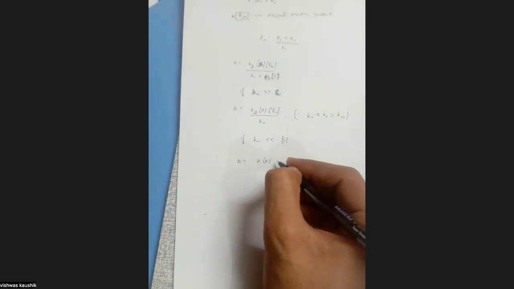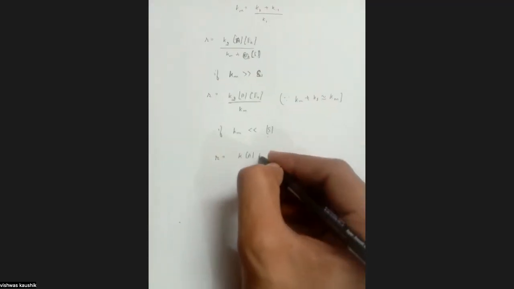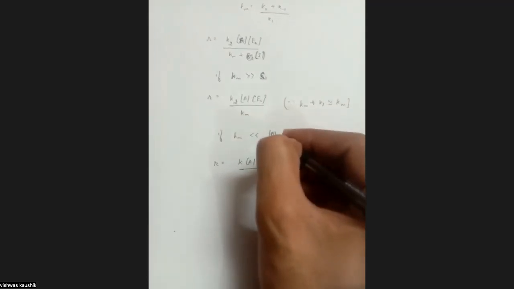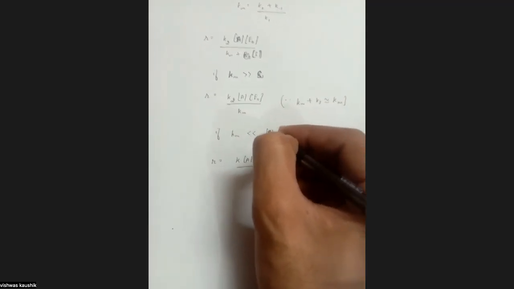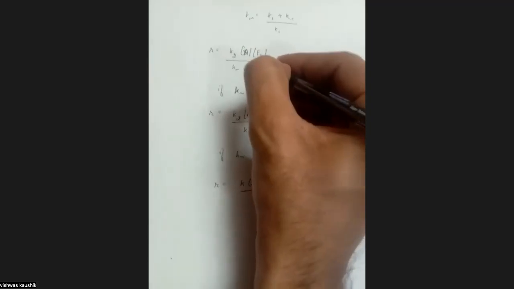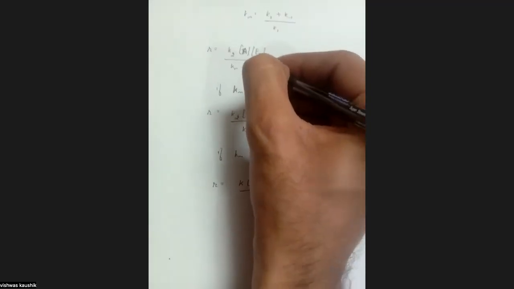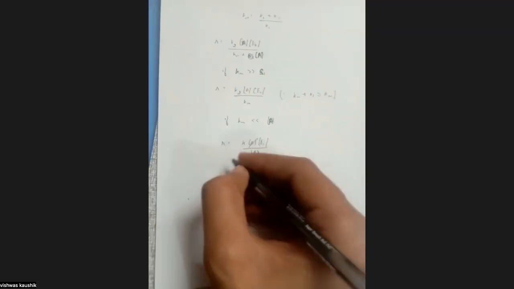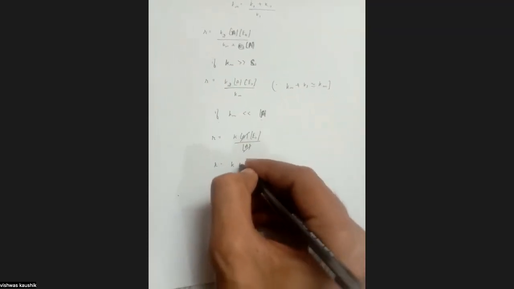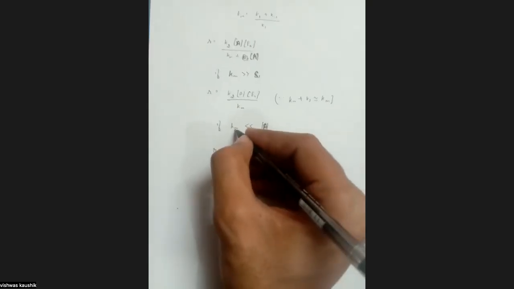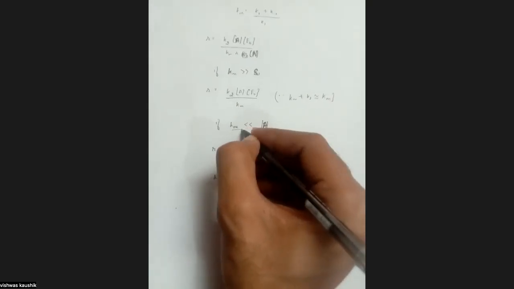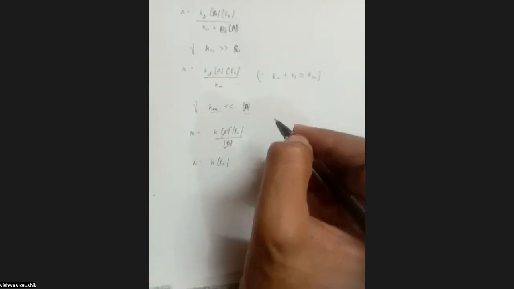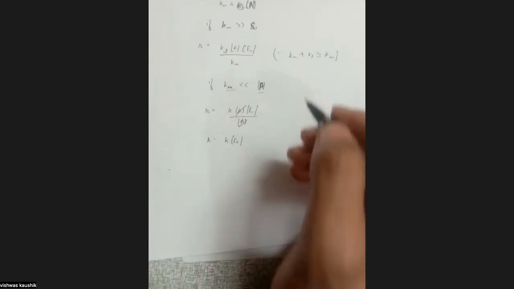Actually, the substrate concentration is A, in numerator and denominator, so rate will be K into E naught. So if the value of the Michaelis Menten constant is less than the concentration of A, the rate will be of first order with respect to the concentration of the catalyst.